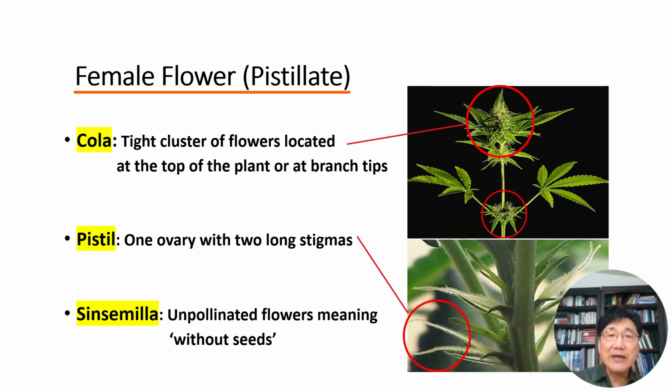To maximize the cannabinoid content, growers of cannabis for cannabinoid extraction take great care to prevent male plants from pollinating the females. These unpollinated female flowers are often referred to as sinsemilla.